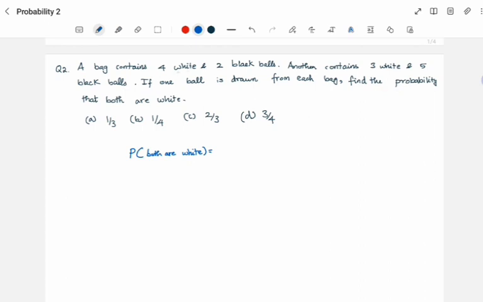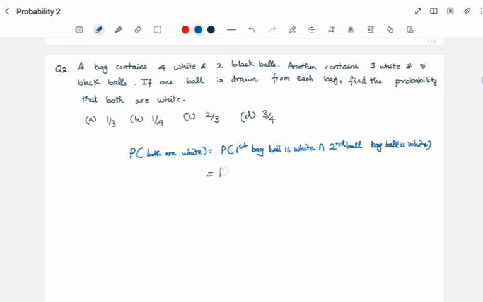In no way is the probability of white being drawn from the first bag influenced by the probability that white is drawn from the other bag. So both are white, I can write it as first bag ball is white union second bag ball is white. Sorry, it is intersection. We want both to be occurring together.